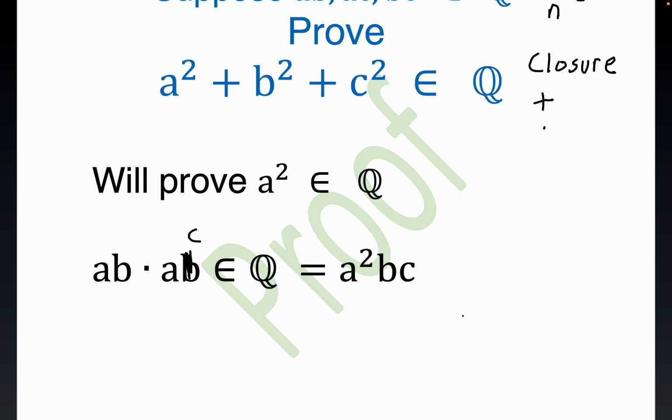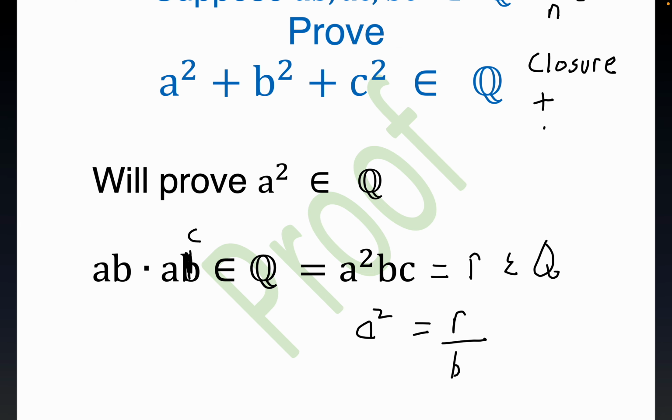So what are we going to have right here? Let's see, a squared. Let's just call it r, a member of Q. Now you can see right here that a squared is going to equal r over bc.